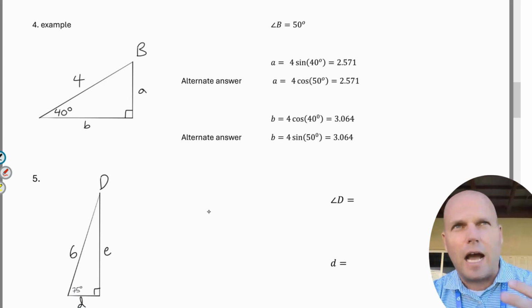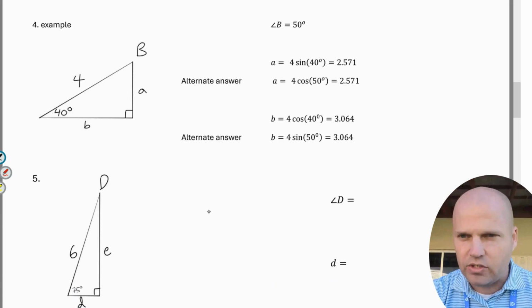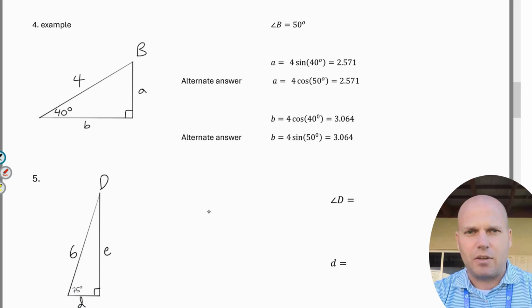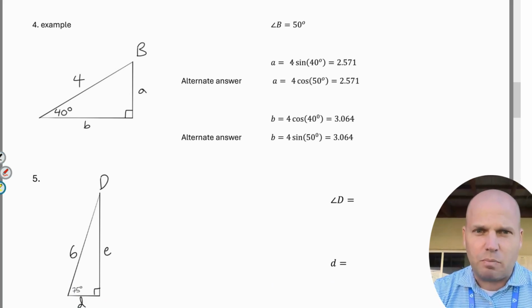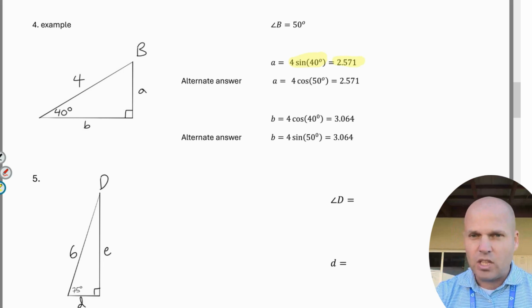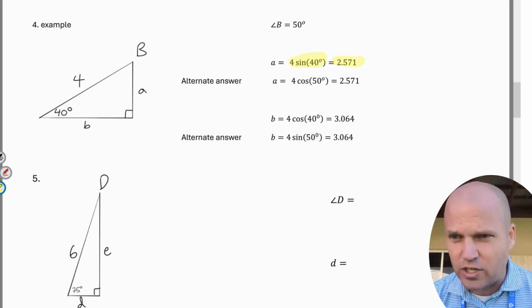And then there's a more algebraic way of doing this. And I'd like us to be able to handle both. Now, we want your answers to be both in a calculator ready form as well as a decimal form. Let me show you how I do this question.